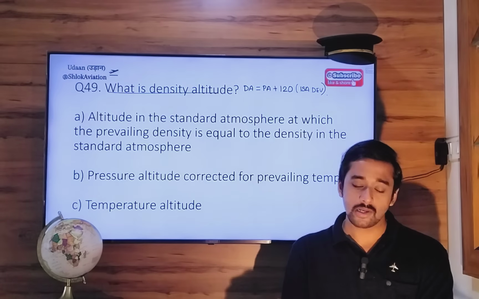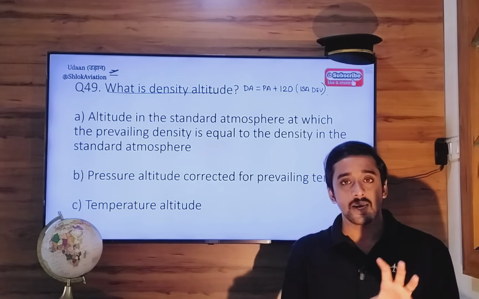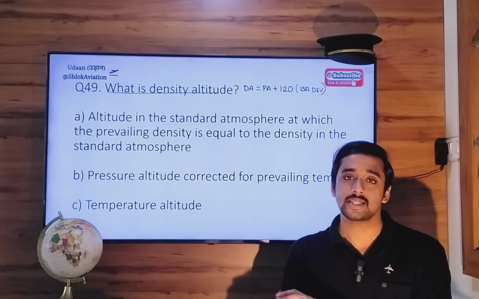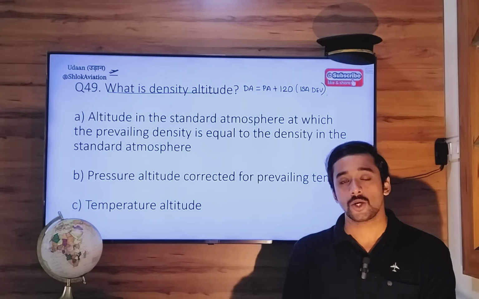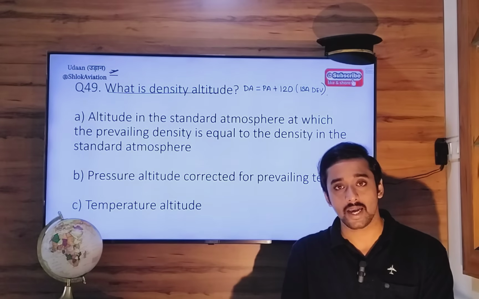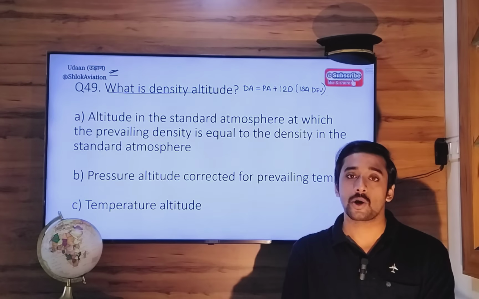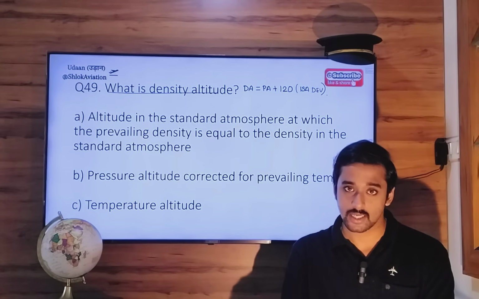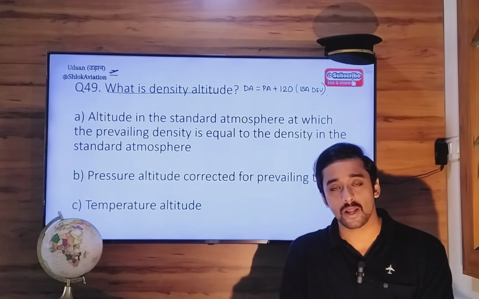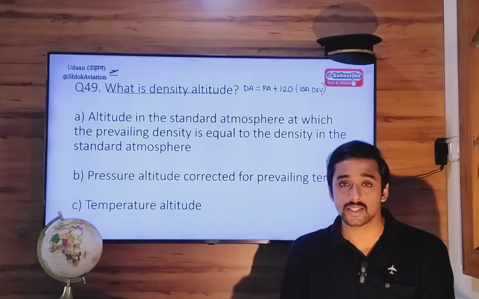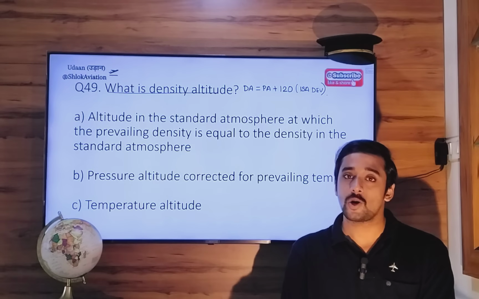So density altitude is nothing but pressure altitude corrected for non-standard ISA temperature. So now your airplane performance, your airplane instruments are all designed or calibrated according to ISA conditions. But in real life, we may get ISA temperature conditions, pressure conditions, humidity conditions, but not every time.